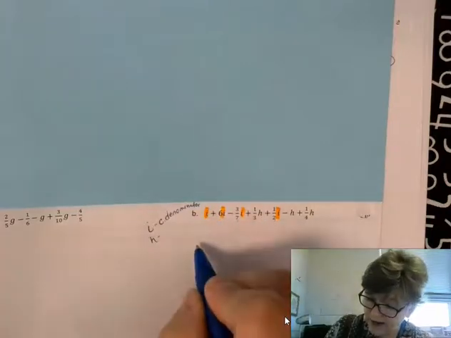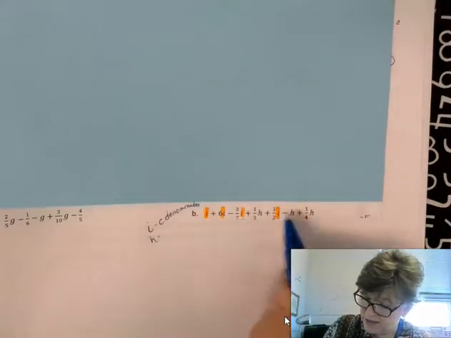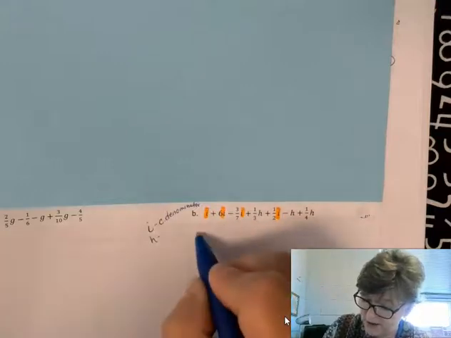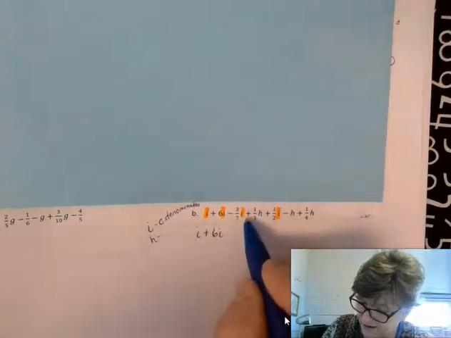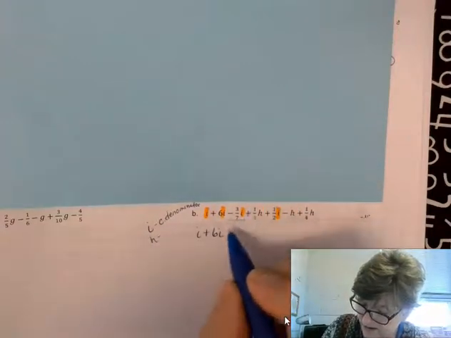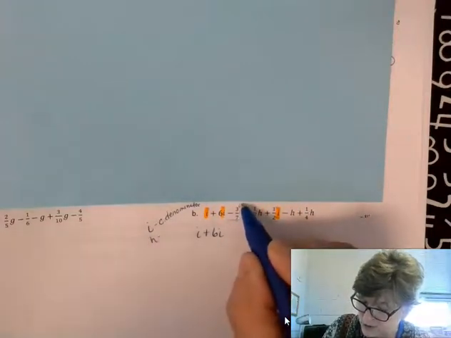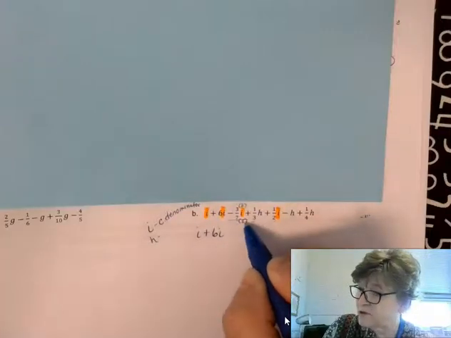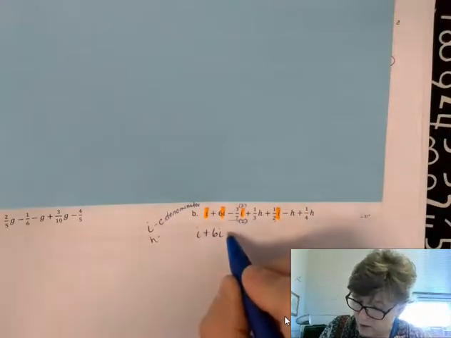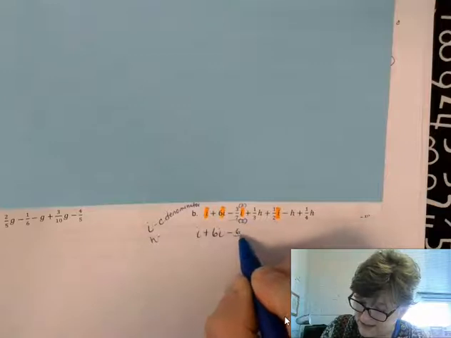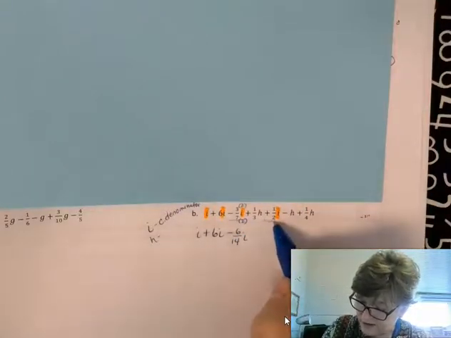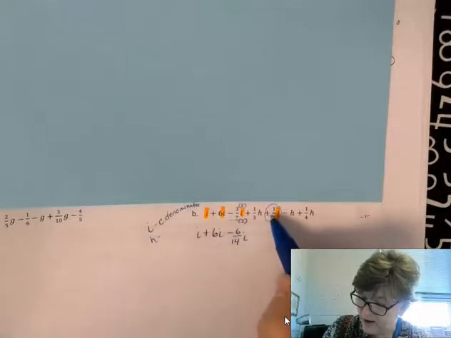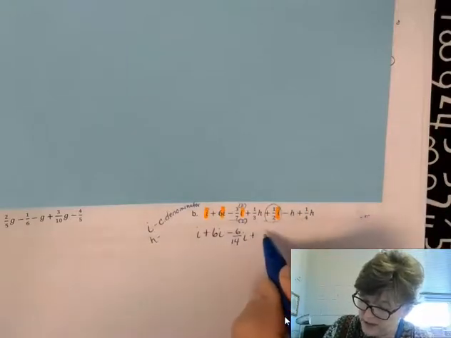I'm going to group these together as I rewrite it. I plus 6I. Here is going to be times 2 and times 2. So minus 6/14 I. And then here's the other one. Don't forget this operation.